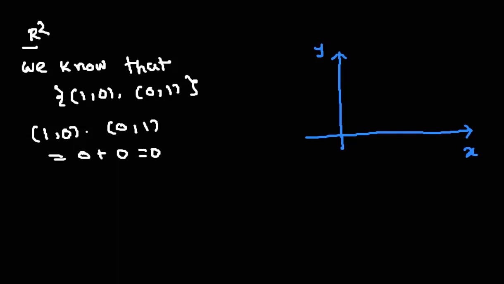So any vector can be written as a linear combination of these two vectors 1, 0 and 0, 1. If I take a vector 2, 3, this obviously belongs to the spanning set of the vectors 1, 0 and 0, 1.